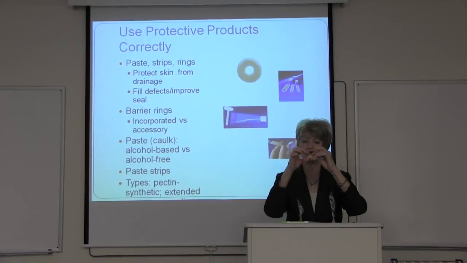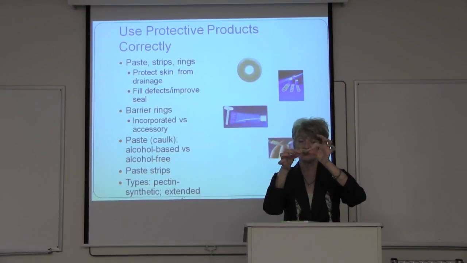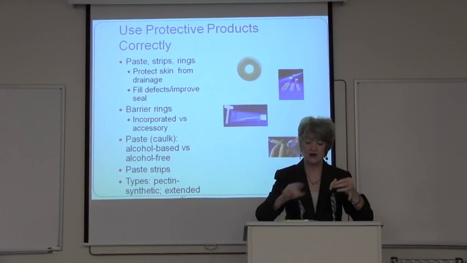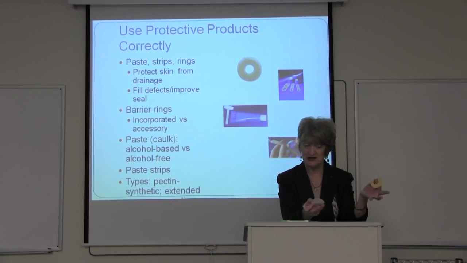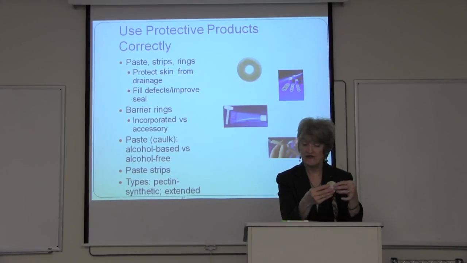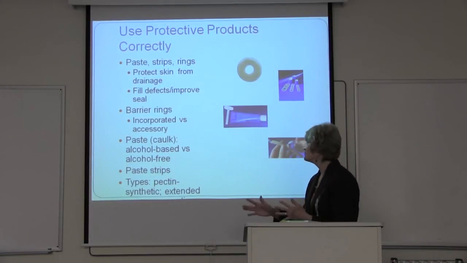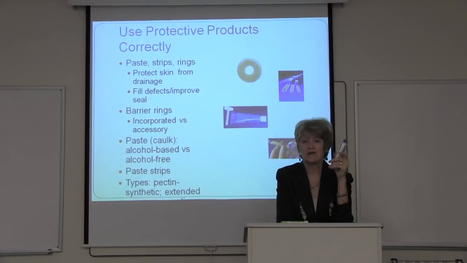So if I have a little defect on one side of the stoma, I can pinch it together, push it into that defect, fill that defect, and stretch the remaining barrier ring around my stoma. So you can see that barriers do those two things. They protect against drainage, but they can also be used to create a flat pouching surface and to give you a better seal. So we talked about barrier rings. I want to talk about paste.